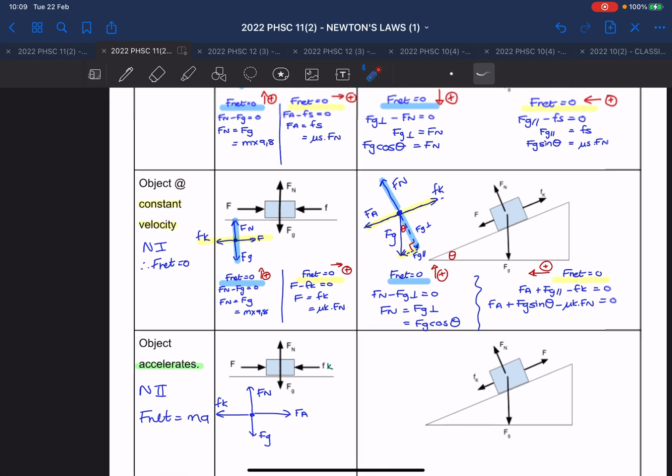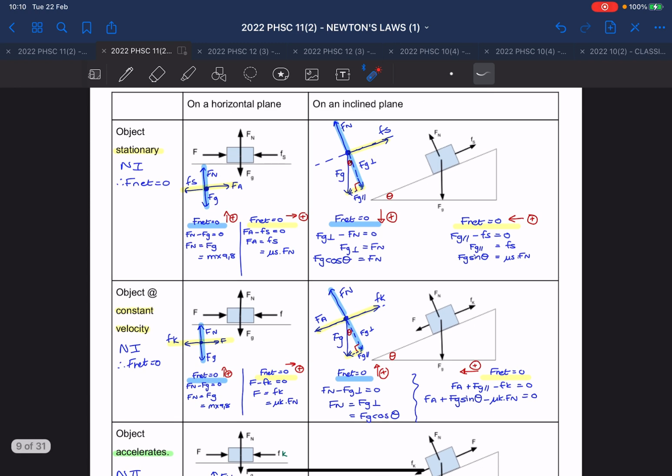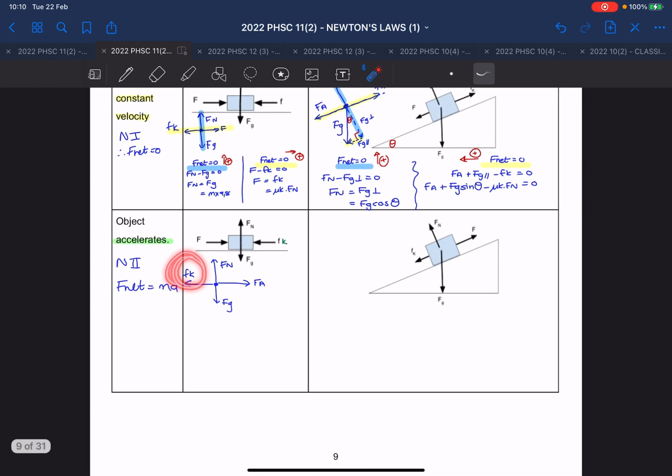Here we had Fs, static. Here we have Fk. When it is stationary, when it's not moving, it's static. When it is moving, either at a constant velocity or accelerating, then it is Fk. Kinetic means movement.